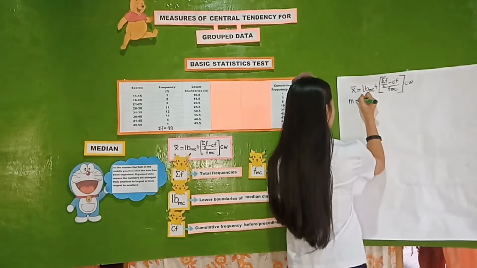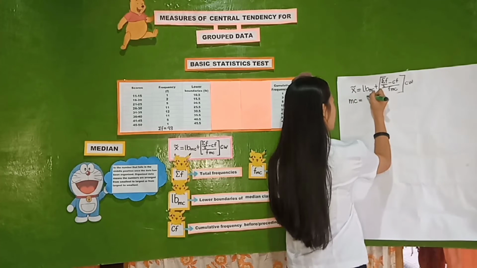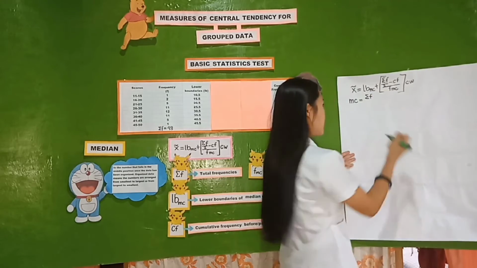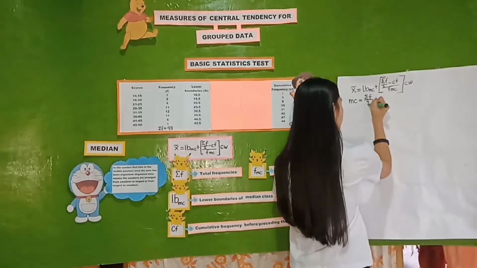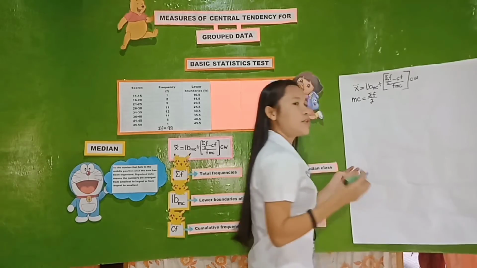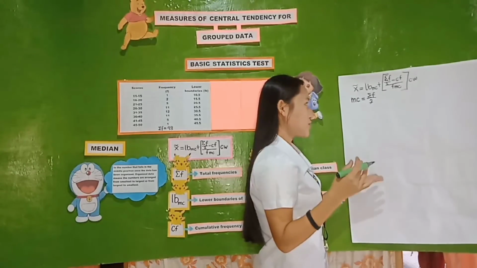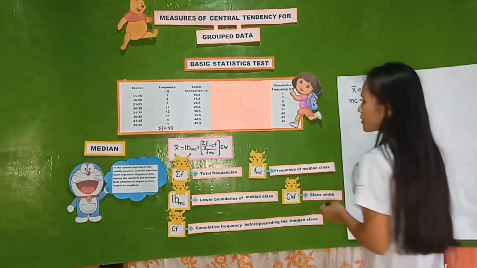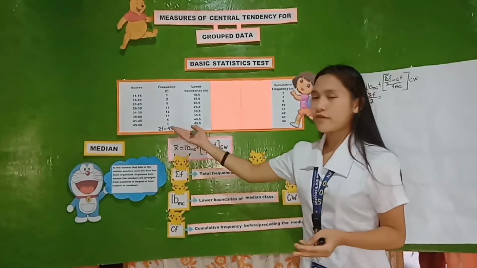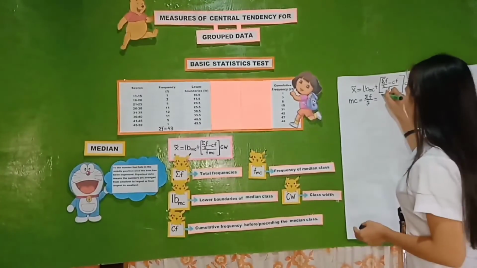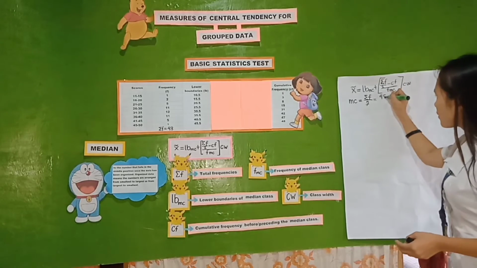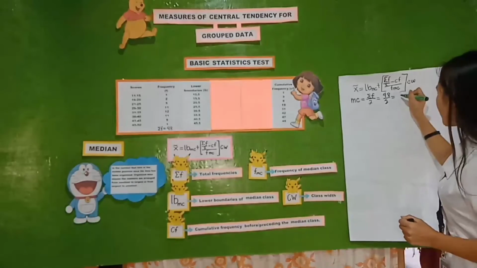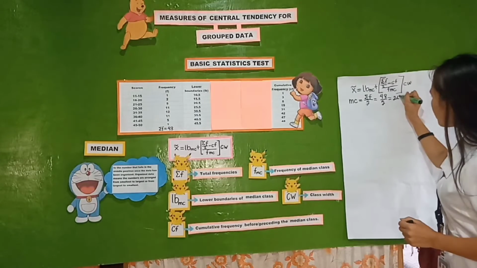So median class is equals to summation of F or the total frequency over 2. So we will divide by 2 the total frequency. Since the total frequency is 48, 48 divided by 2 is equal to 24.